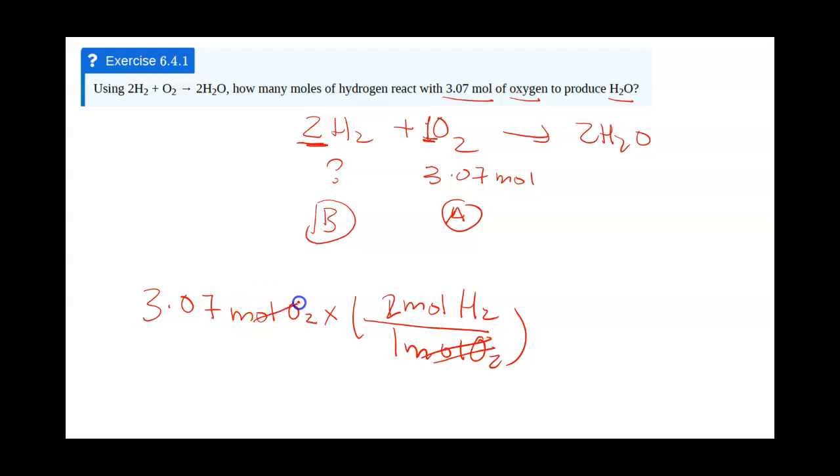So you can see that moles of O2 will cancel out, leaving moles of H2, and we can go ahead and put that into our calculator, and it ends up being 6.14 moles of H2 that we could make.